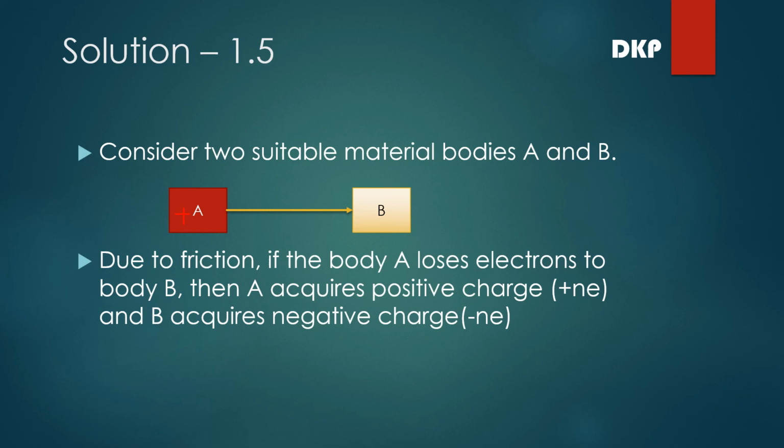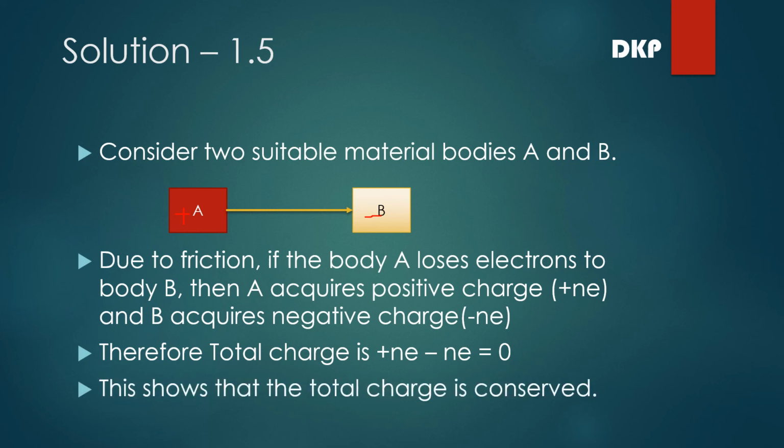What about B? B gains an electron, therefore B acquires negative charge. Therefore total charge is plus Ne minus Ne, which is equal to 0. Initially both are electrically neutral. After friction, total charge is plus Ne minus Ne, which is equal to 0. So this shows that the total charge is conserved.